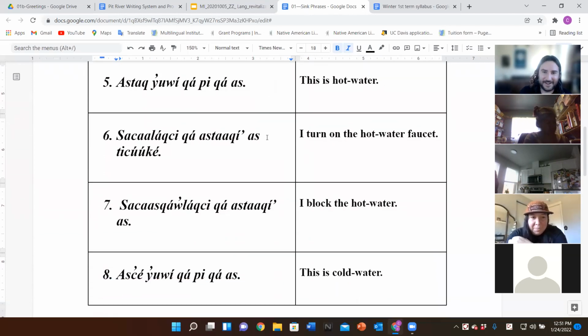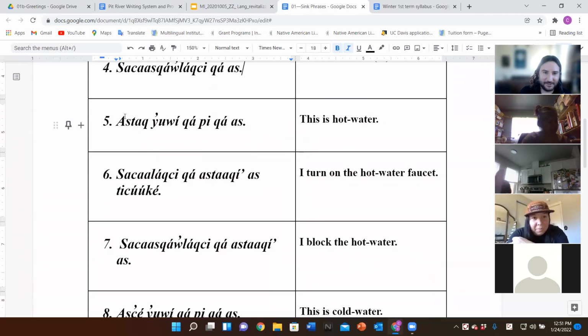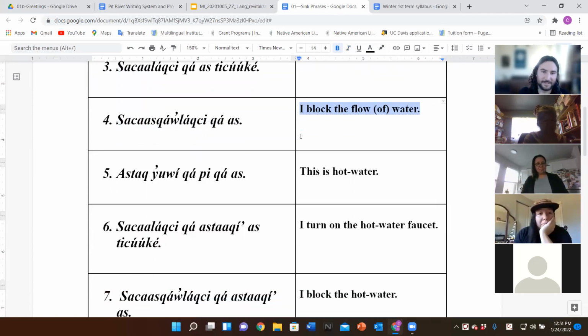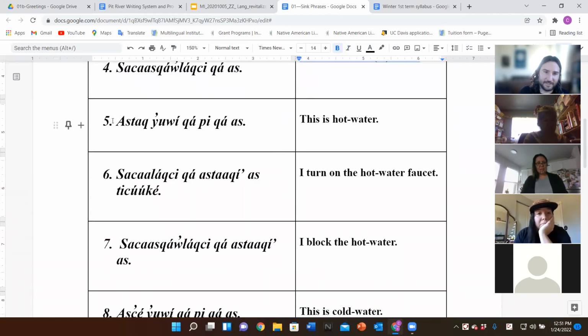Good stuff. All right. So and yeah, and that was, I'm turning off the water. It's like I blocked the flow of water basically. All right, so next is Astak Yui Gabi Ga Us. So Astak is hot.